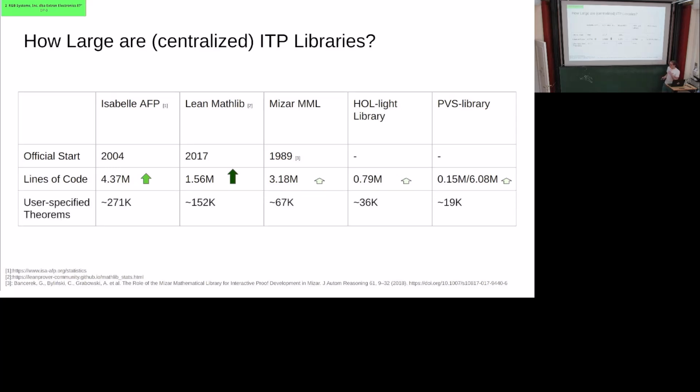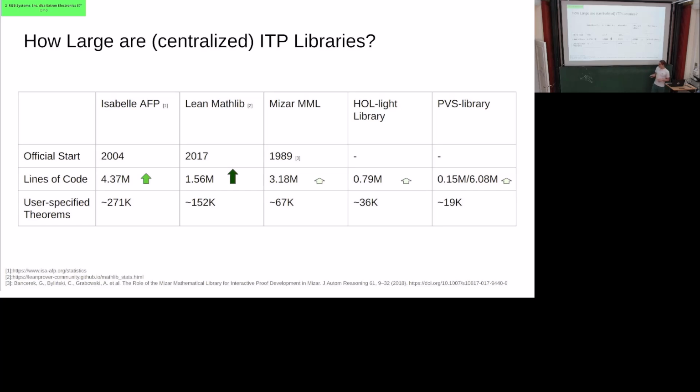Something that's much more interesting, I think, is how many user-specified theorems are actually proven by a user in the system. The measurement method here varies across the systems. This is why it's just approximate. For instance, in Isabelle, this is all instances of the keyword lemma or theorem, but obviously there are more than that.